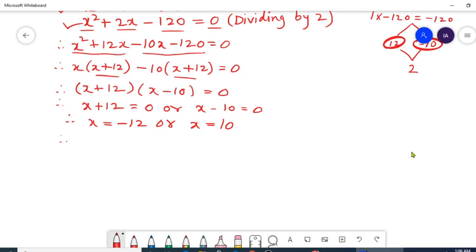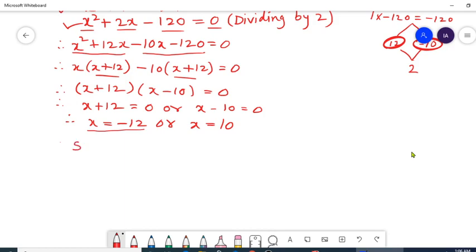Since in this question we're talking about even natural numbers, and we know natural numbers cannot be negative, x equals minus 12 is not acceptable.